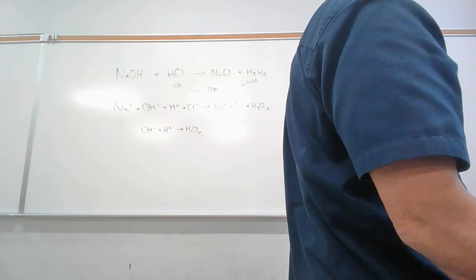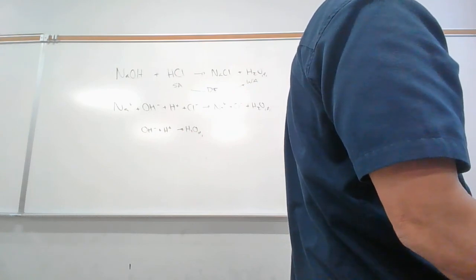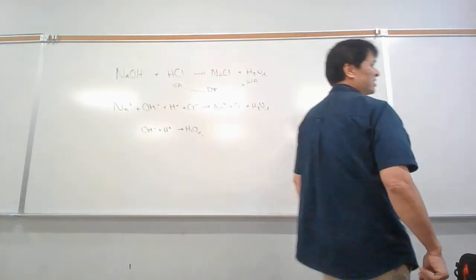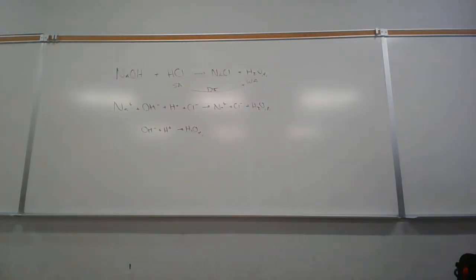Let me ask you this. Number 59, this is an acid that you don't have on the list. This is called benzoic acid. You don't have to memorize this. But how many acidic hydrogens are there in benzoic acid?